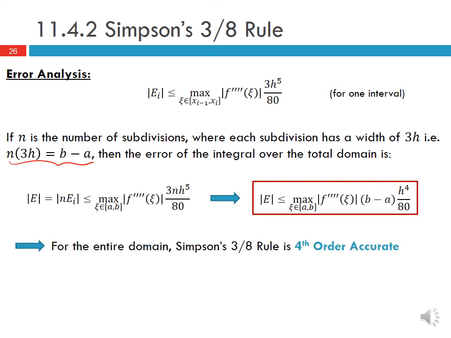So over the entire domain, the Simpson's 3/8 rule is also fourth order accurate. And you can see that the coefficient here is 1 over 80, which is a bit higher than it was for the Simpson's 1/3 rule.